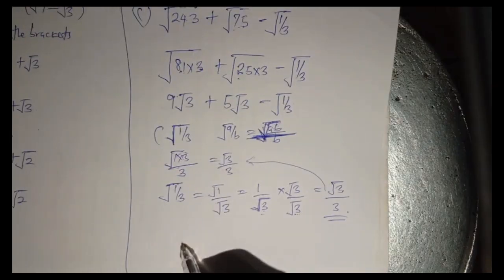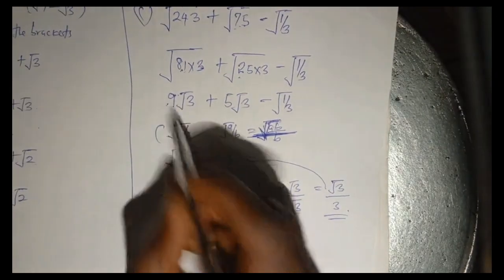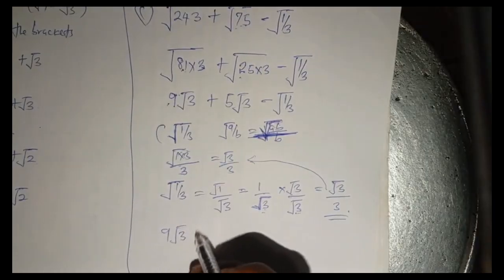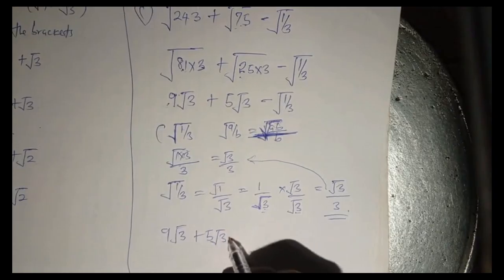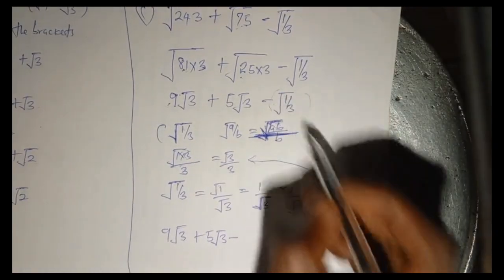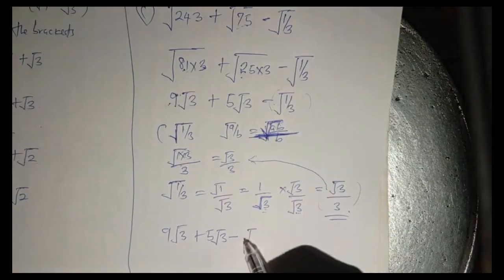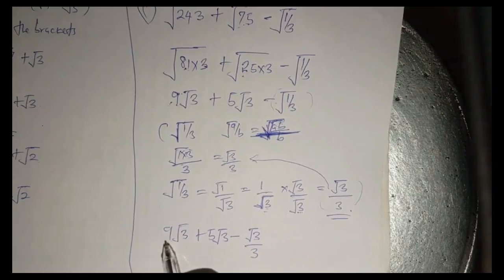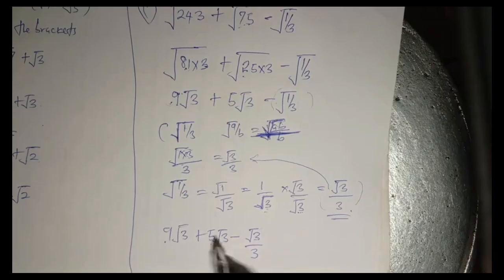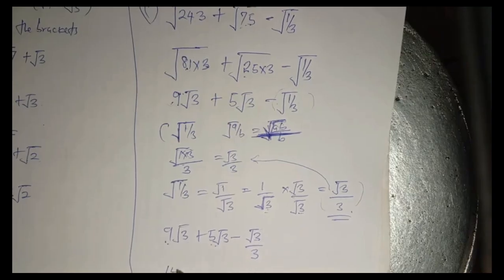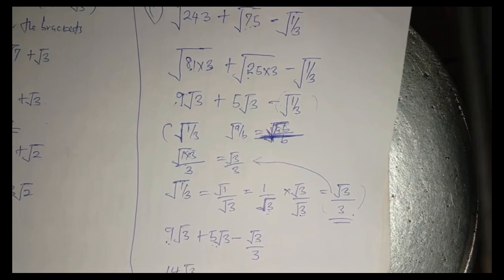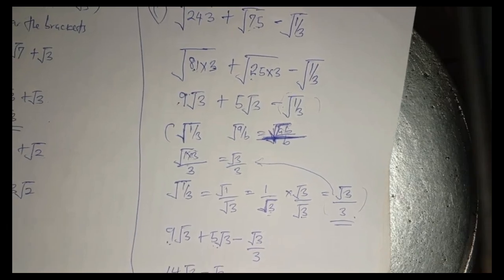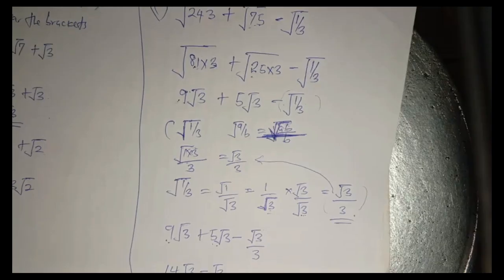So now, taking from this step, 9 root 3 plus 5 root 3 minus. Now this one is all about this, root 3 over 3, right? So 9 root 3 plus 5 root 3, the answer is 14 root 3 minus root 3 over 3, right?